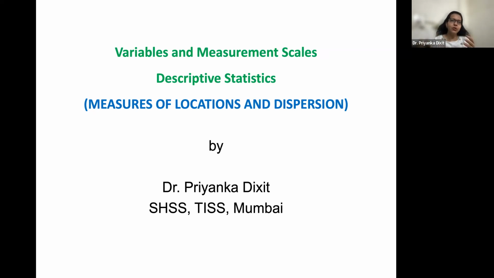So if we look at what comes under statistics and how it has been divided into different domains, broadly we can say that statistics has been divided into two parts. The first part is descriptive statistics, and the other part is inferential statistics.